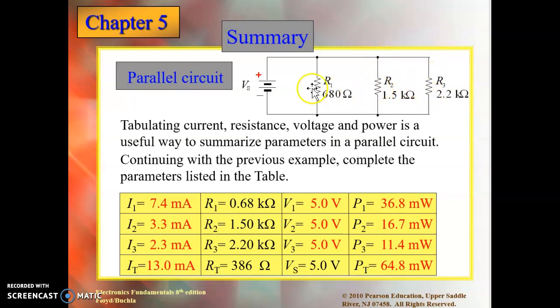If we add them up, we get the I total, and in this case it was 13 milliamps. To find the power, it is not affected whether it is a series circuit or a parallel circuit. Power is always going to add up to the source power. Whatever power is produced by the source has to be consumed by the individual resistors, okay?